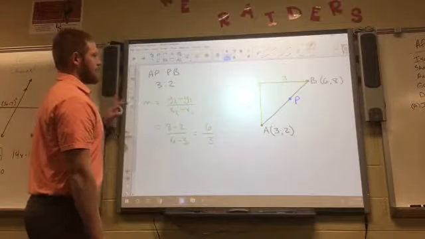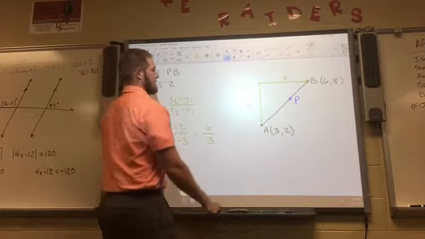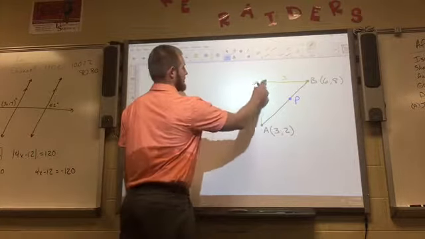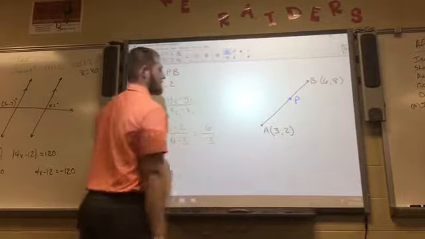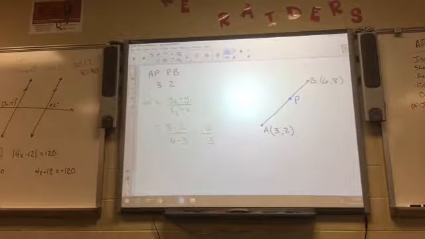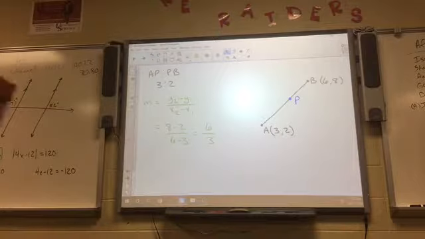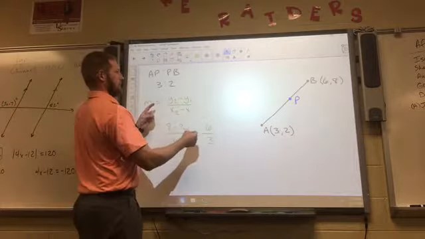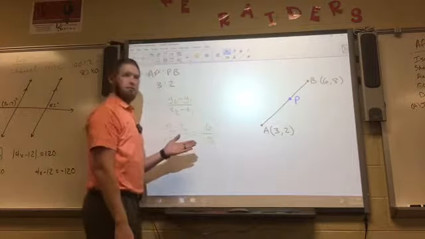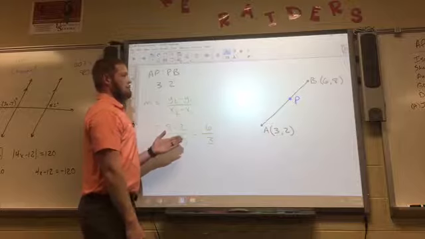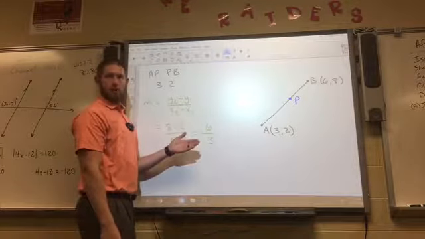Now, thinking of this, how far, and I'm going to get this out of here because it's just going to get in the way of what I want to do next, what is the fraction of the length to P over the whole length? 3 out of 5. You guys understand what I was saying there? I couldn't think of a good way to word that. But to get to P, I need to go 3 out of the whole 5, right? So I'm going 3/5 of the way, correct?